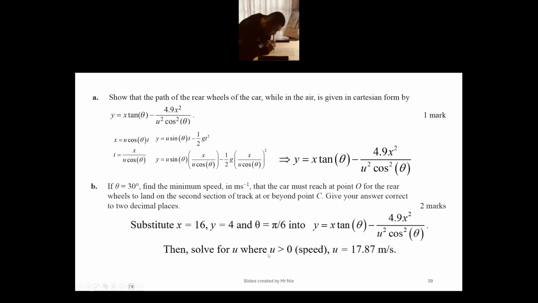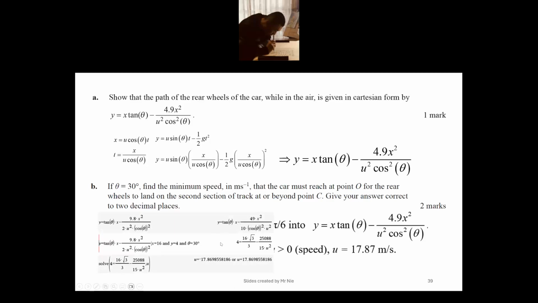Then we can solve for u greater than 0 because we are looking for a speed. The answer is 17.87 meters per second. And here is a possible way you could execute your CAS calculator. You might also define this function as f of x and then slot in the two values and the theta value, and then just use the solve button to get the positive u value.